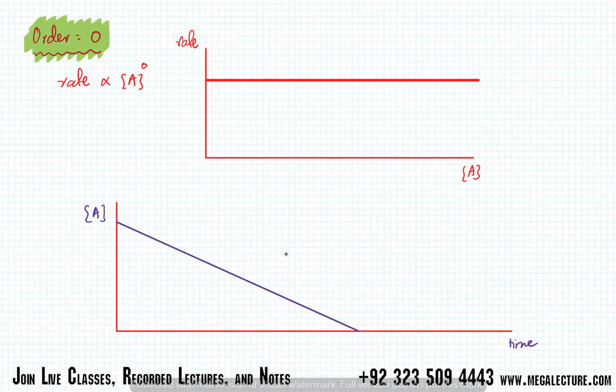The gradient of this concentration-time graph is the rate. So your reactant is getting used up, but the speed at which it's getting used up is constant. It's not going to slow down. Eventually you'll run out of A, and that's when the reaction stops. That's what order 0 is: constant speed of the reaction until you reach the end.